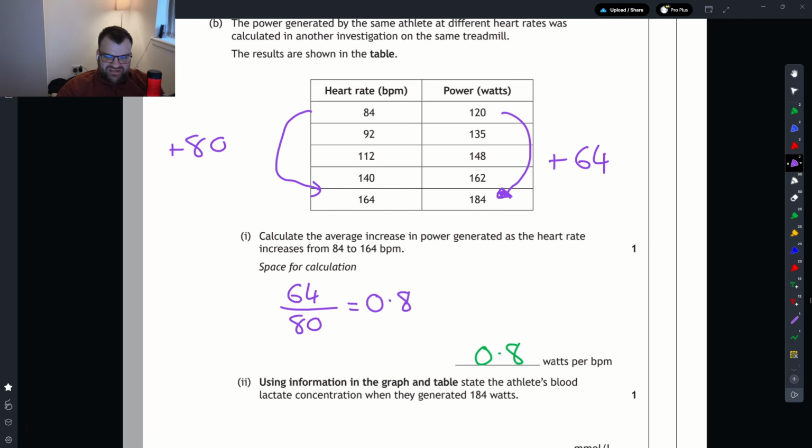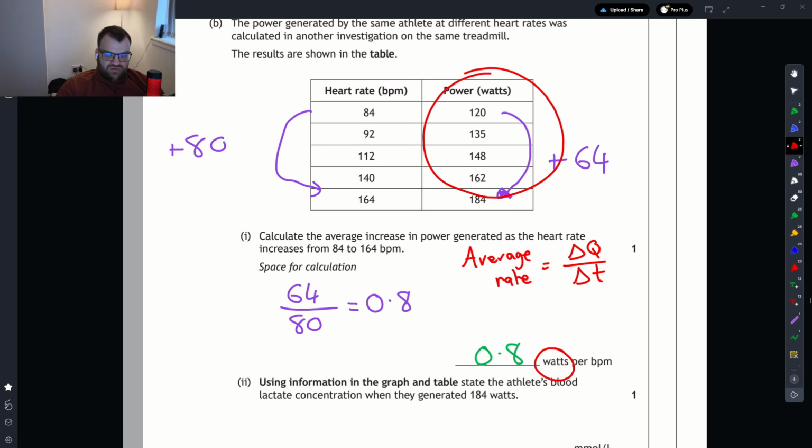I was almost going to apologise thinking chemistry there, but in chemistry, anyone who's lucky enough to have done that, the average rate is changing quantity over changing time. Now, our top part is the watts, so it's the change in power, 64, over the change in, well, it's not time in this case, it's the heart rate for that one.